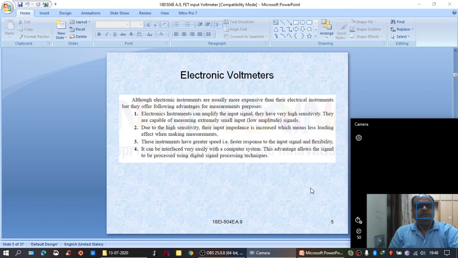Particularly, suppose I assume a situation where I want to measure temperature in a particular boiler of an industry.